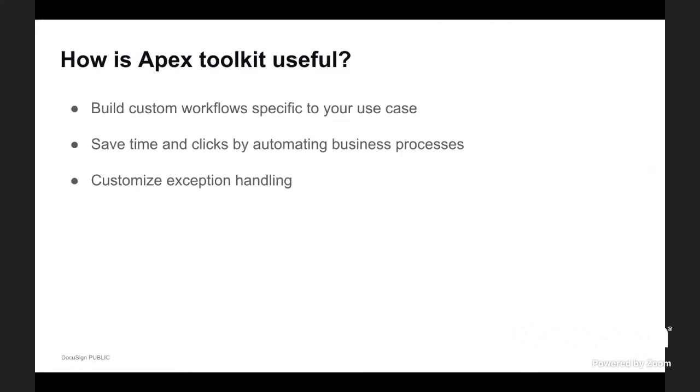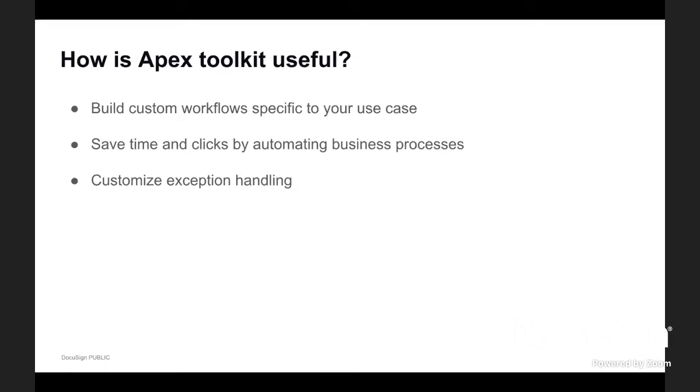So how is the Apex Toolkit useful? With the Apex Toolkit, customers can seamlessly integrate and interact with DocuSign from Salesforce because it's a bunch of Apex utilities available to you on install. Customers can customize their business processes and integrate DocuSign into their business processes seamlessly.